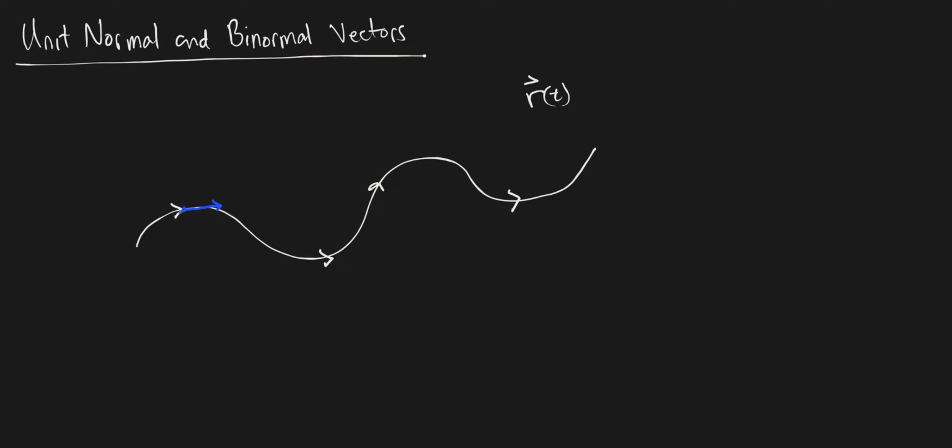So the question is, how do we find this red vector? Well, previously we showed this.